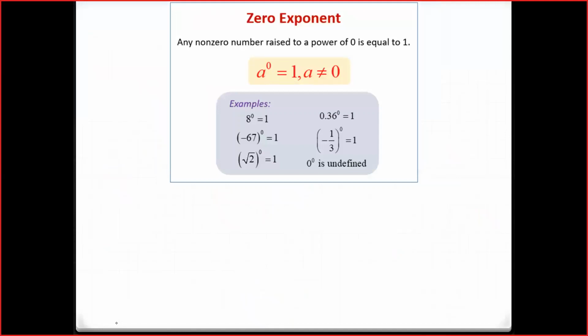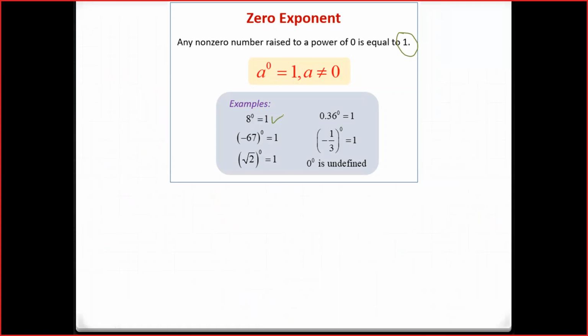Now here, as I said before about zero exponents, any number raised to the power 0, the answer is 1. 8 to the power 0 is 1. Negative 67 to the power 0 is 1.